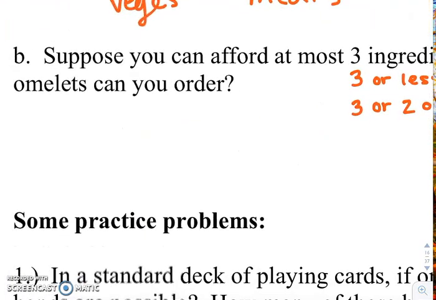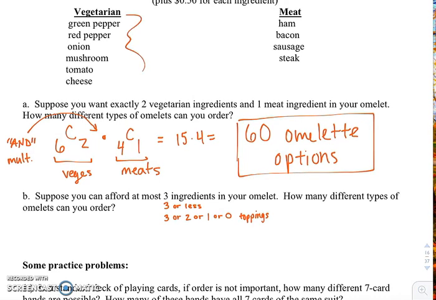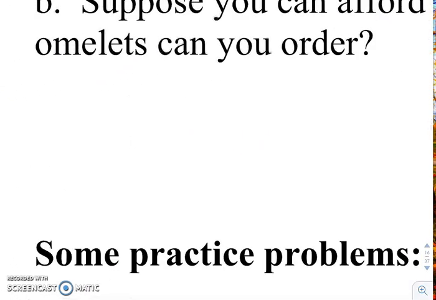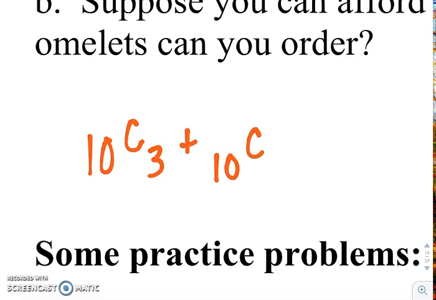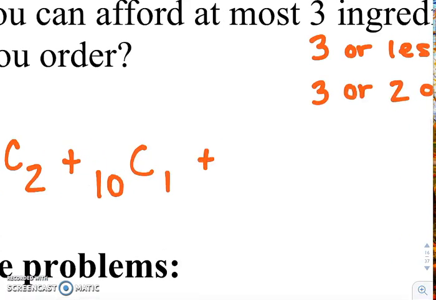So we have a total of 6 veggies and 4 meats. So there's a total of 10 toppings you guys can choose from. So the first option would be to do 10 choose 3. That's the most you could choose. Or you could do 10 and only pick 2. Or pick 1. Or you could even choose no toppings, and that would really just be eggs.